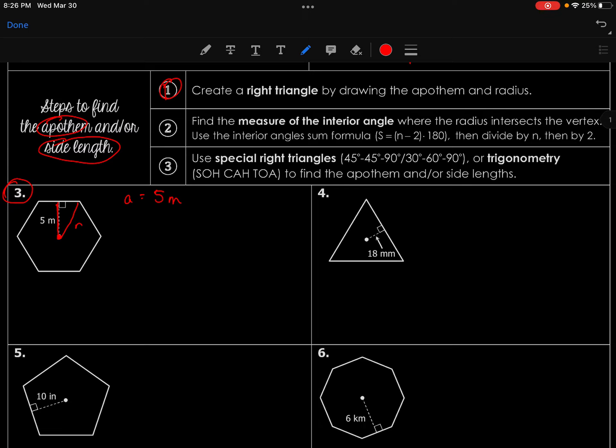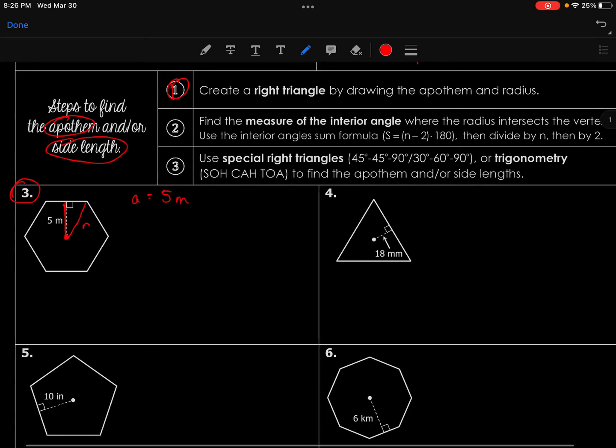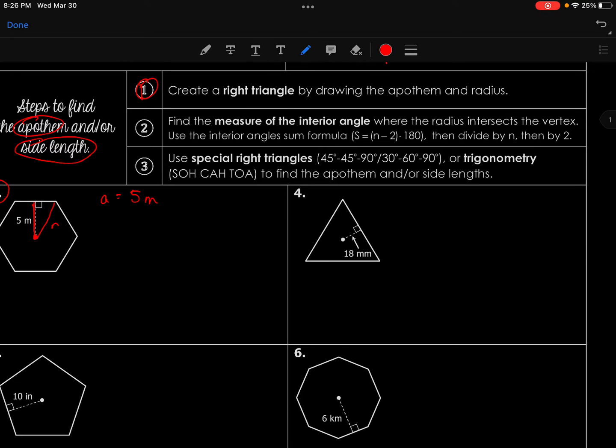Now, step number 2. Find the measure of the interior angle where the radius intersects the vertex. First, we need to use the interior angle sum formula, which is S is equal to n minus 2 times 180, where n represents the number of sides.